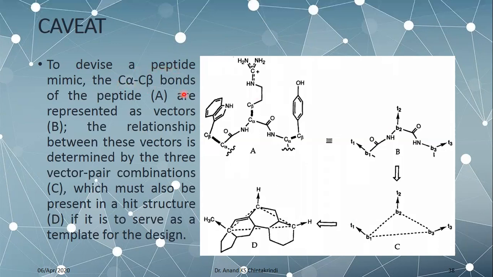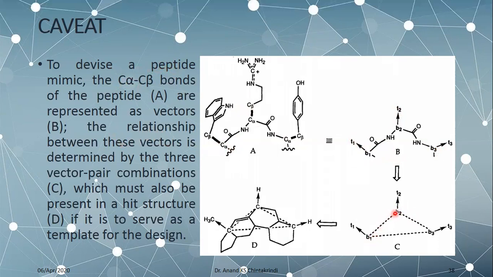To devise a peptide mimic, the C alpha and C beta bonds are represented as vectors in this case. So this is the base atom B, and the orientation of this bond is represented by a T1 atom. The relationship between these three atoms is determined by a vector pairwise combination.